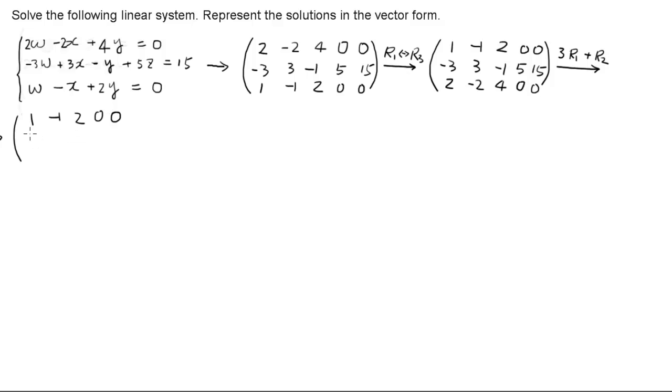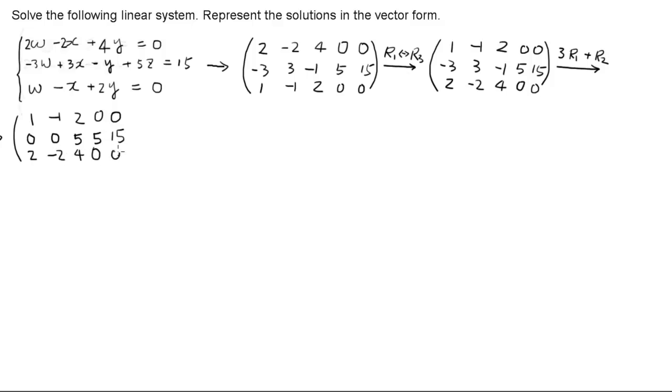And fortunately we have 0 over here and 0 over here. And then 2 times 3 is 6, 6 plus -1 is 5. So we have 5 and 15 over here.